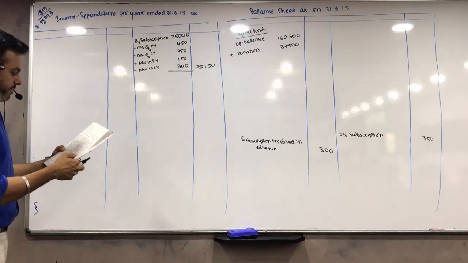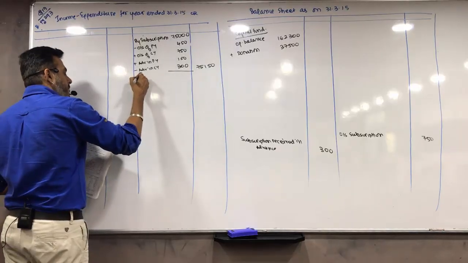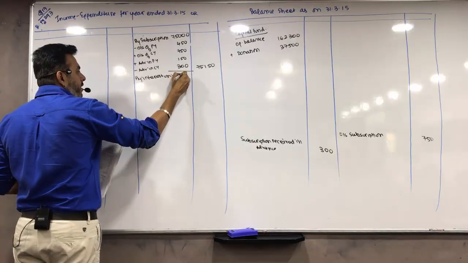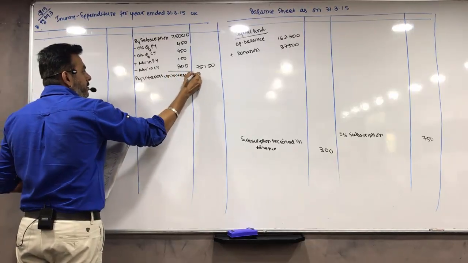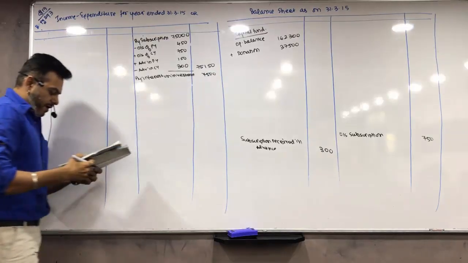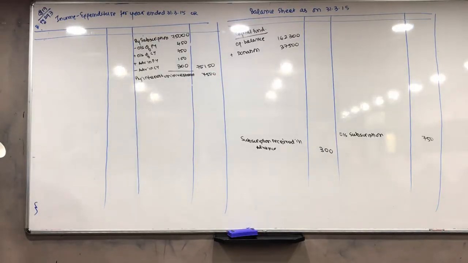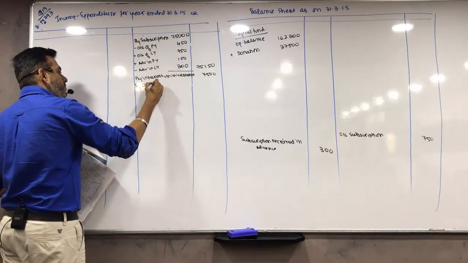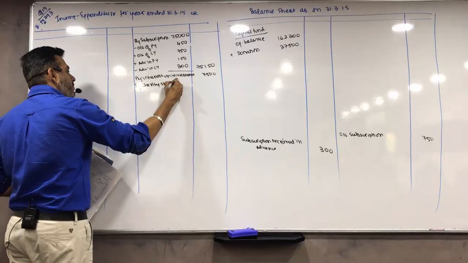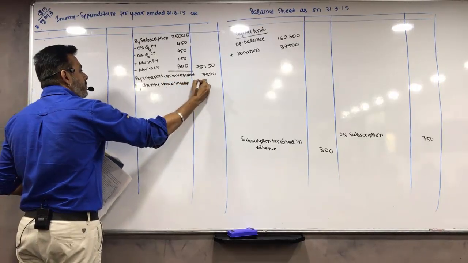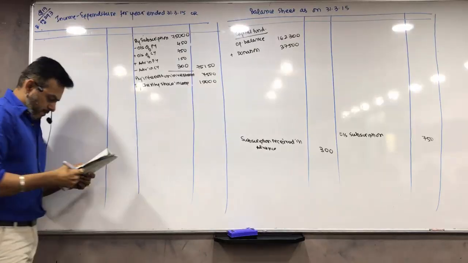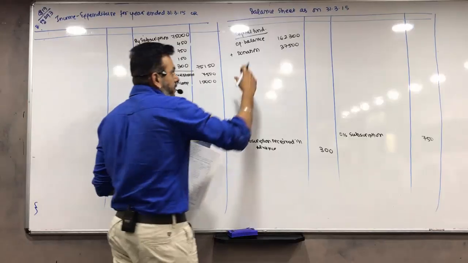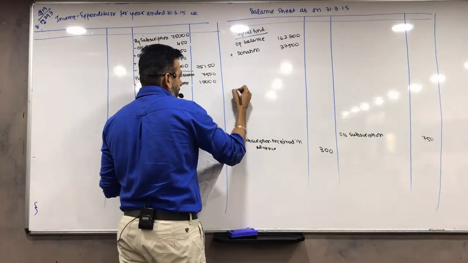Interest on investment 7,500, income. By interest on investment 7,500. Charity show income 15,000. Special donation for operation theatre. So after capital fund, leave 4 lines blank.